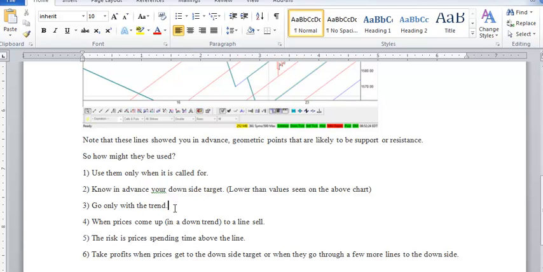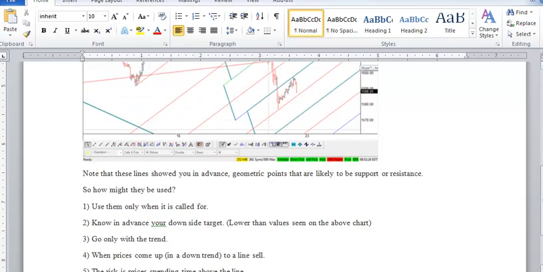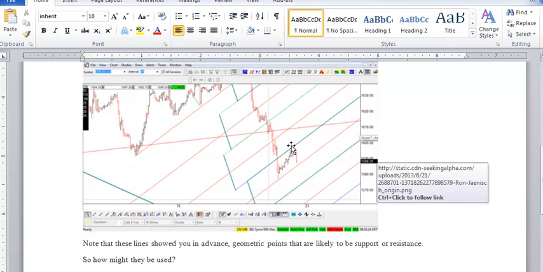Go only with the trend. The trend is foretold by knowing when to use it, and that's easy. Even though in this case we're going against the much longer uptrend, there is a downtrend in progress right now. When prices come up in the downtrend that we have here, that's where we have a sell point.